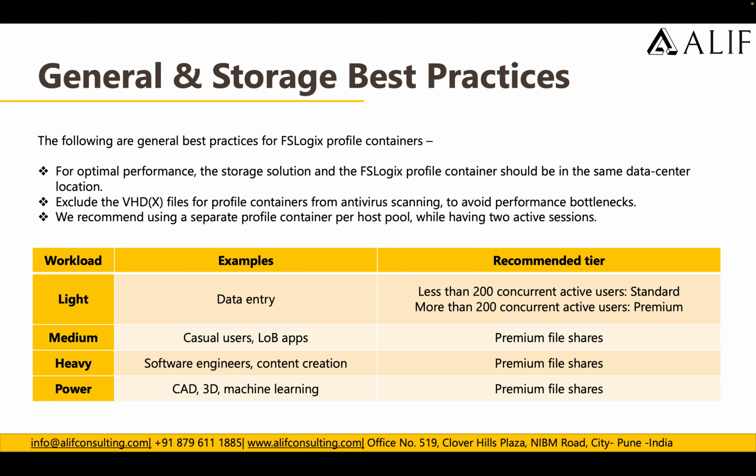And for medium and heavy users, go with the premium file share. If there is a power user, I would suggest you go with NetApp. But if there are issues related to budgeting and pricing, then in that case you can go with the Azure premium file share.